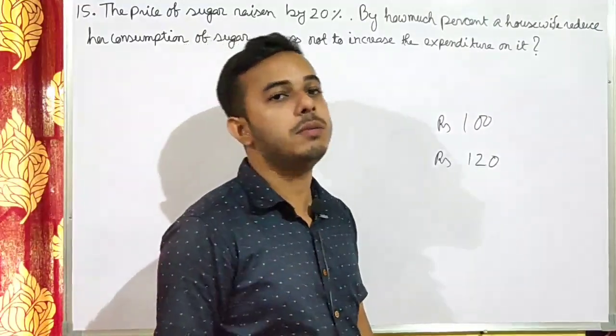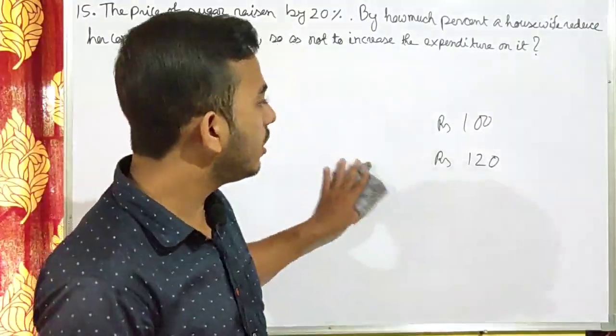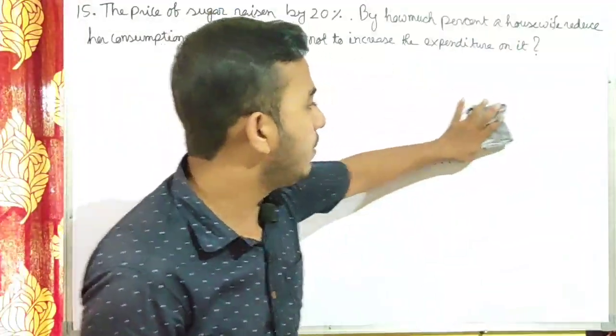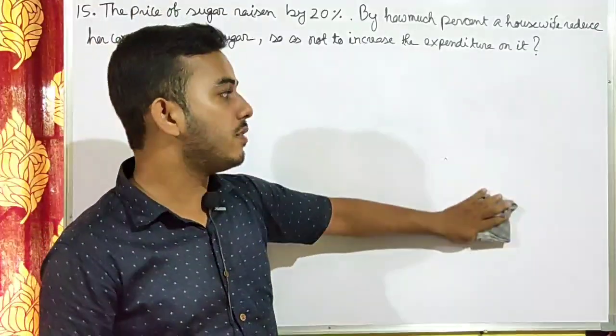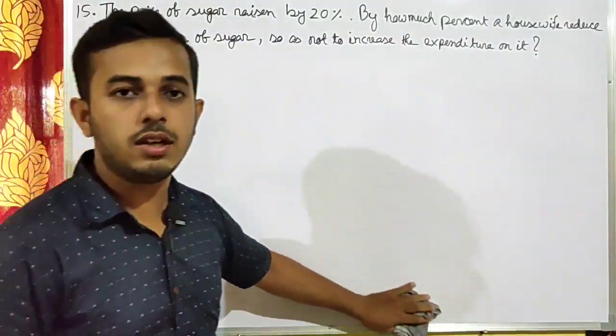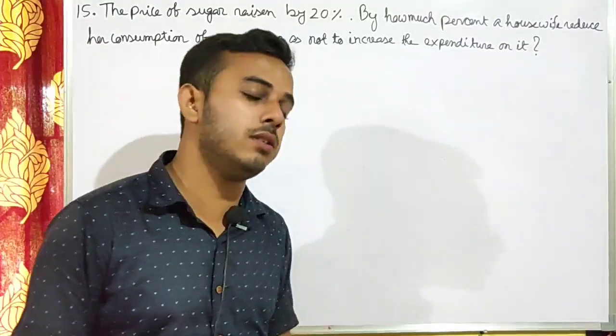So how can we find that out? First thing we have to write, solution: let the price of sugar be rupees 100, isn't it?